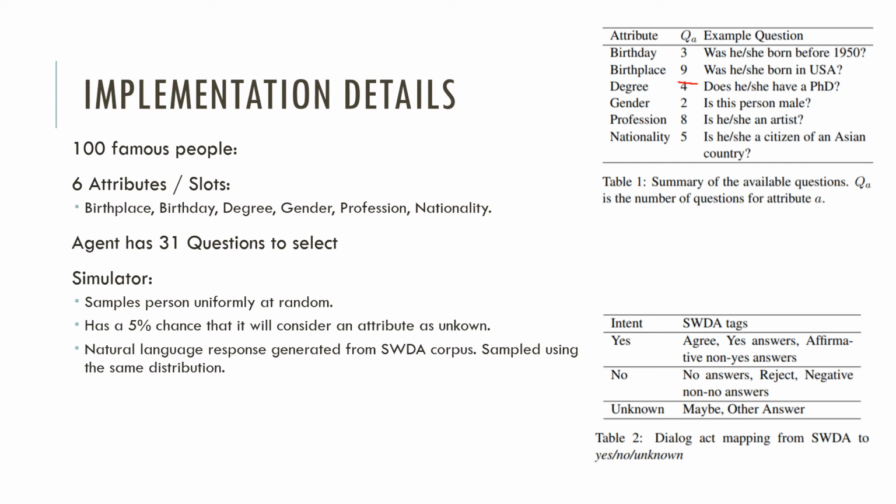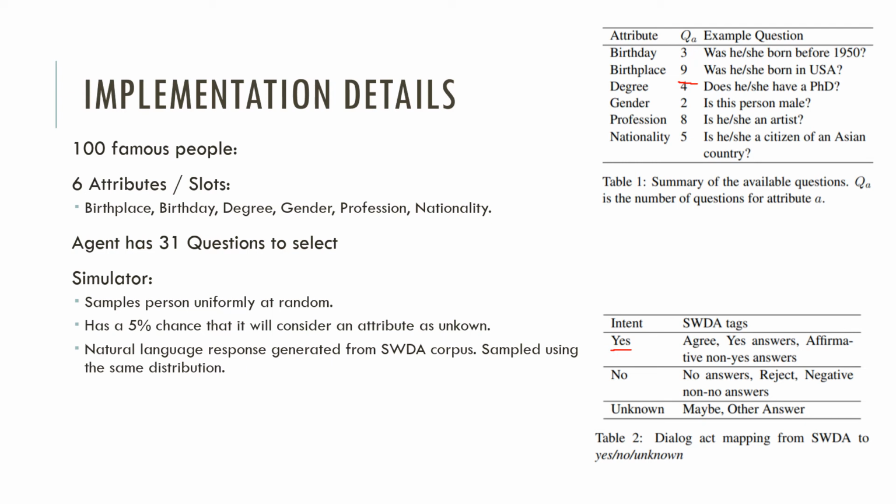And then when the agent is interacting, the simulation will respond with a series of natural language responses generated from the SWDA corpus. The SWDA corpus provides a series of natural language utterances with the intent behind them. So as you can see from the table here, they collected utterances with the intent of yes behind them, with the intent of no, and with the intent of unknown.